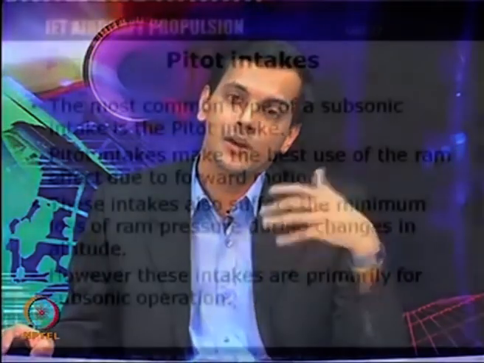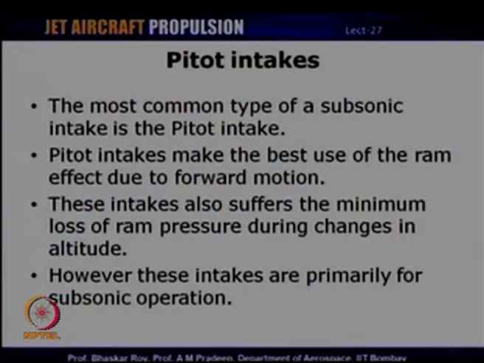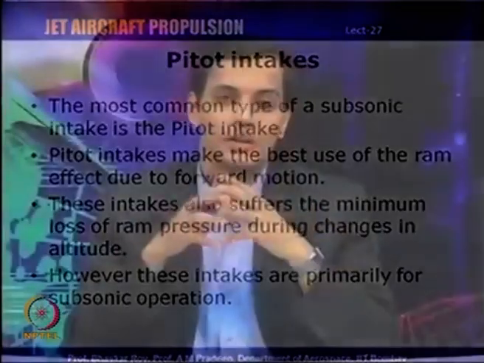But the main advantage associated with the pitot intake is that it makes the best use of the ram effect due to forward motion as compared to many other types of intakes which exist. So, pitot intakes are able to benefit from the fact that because of their very geometry, they are able to make the best use of the ram effect. As the engine moves forward, there is a ram effect for the incoming air.